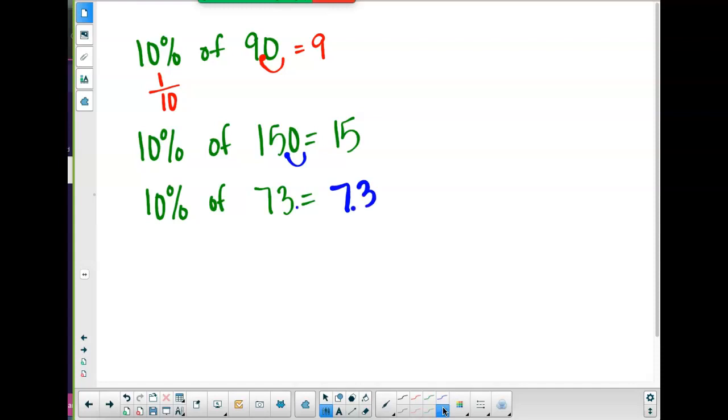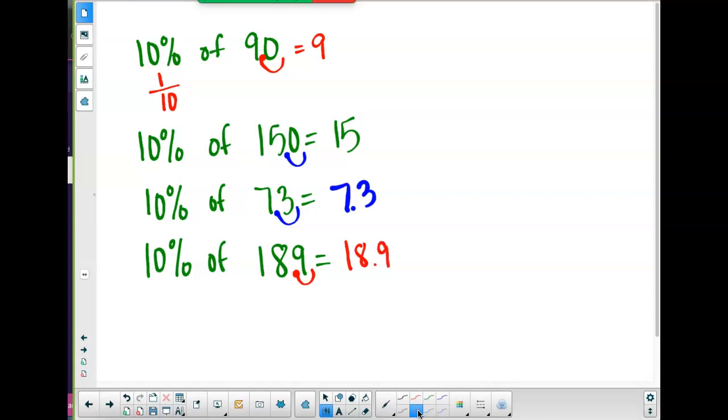Because again, we're just moving our decimal over 1. Okay? What's 10% of 189? 18.9. We're just going to move our decimal over 1. Is this making sense to everyone? Yes. So finding 10% is really easy. You're just moving your decimal 1 place.